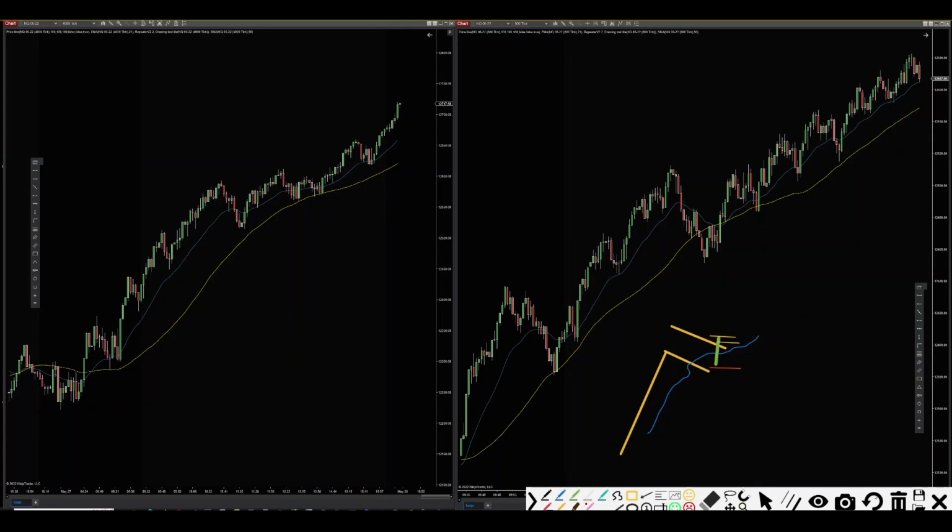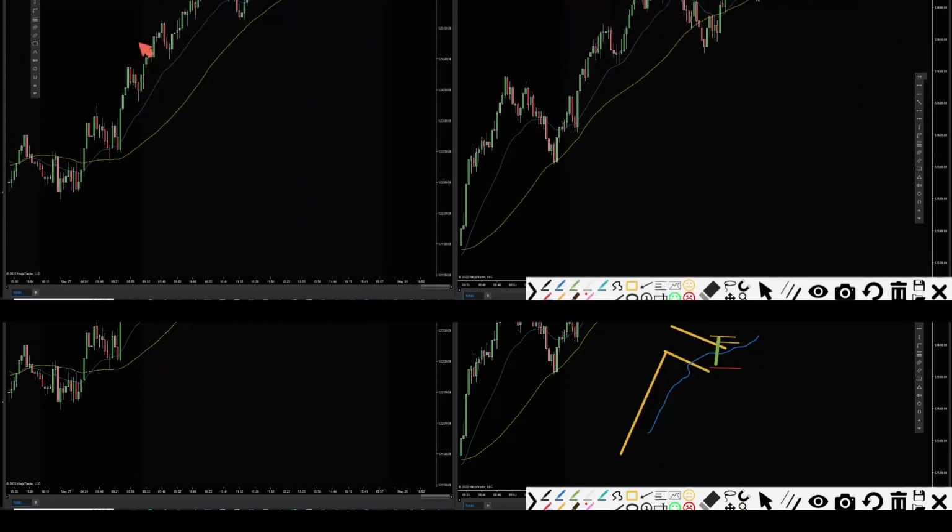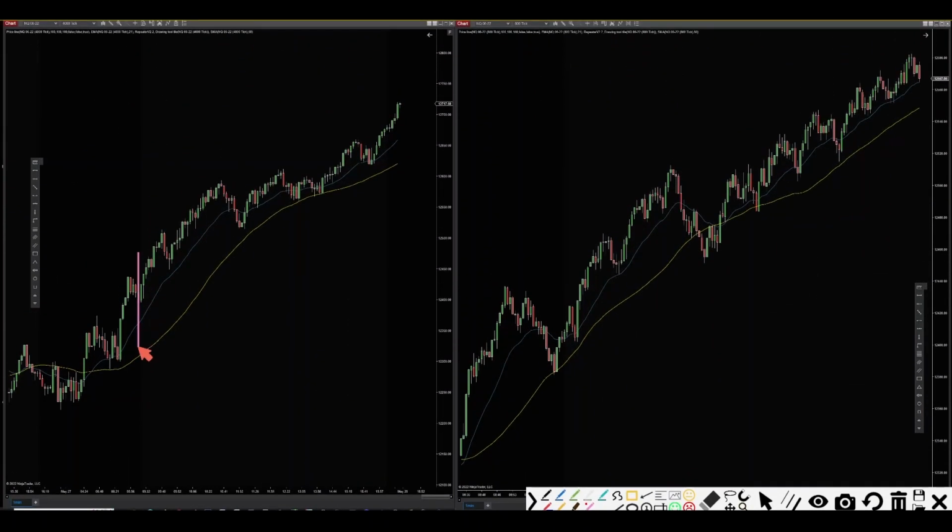So I'm going to show this on the 800 chart. This right here is the market open, and after the market open we had that first push right here, which is on the 800 chart. That is our first step, the initial move.